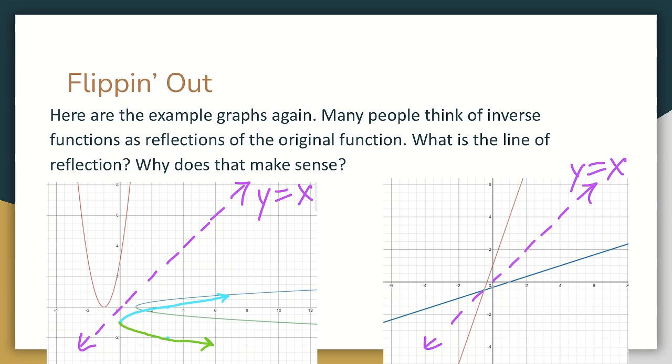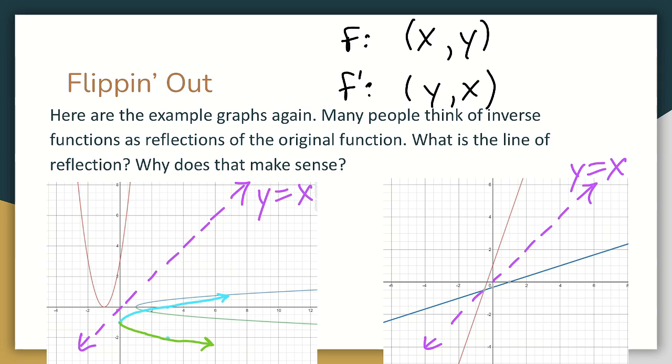Well, here's the way I see it. If we have some function f that takes the point x and outputs the point y, then f inverse has to take the point y and output the point x.